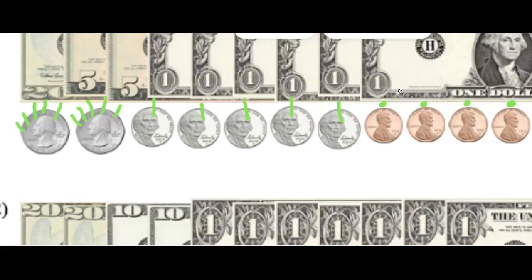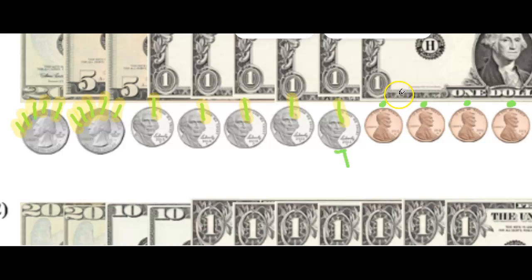Let's go ahead and begin. Count with me. 5, 10, 15, 20, 25, 30, 35, 40, 45, 50, 55, 60, 65, 70, 75.